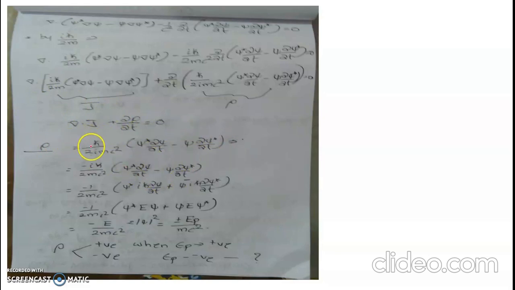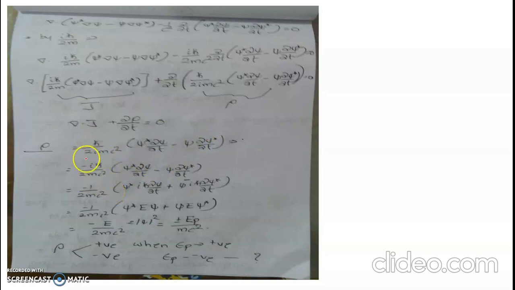Now we look into this. ρ equal to ħ by 2imc² into (ψ* ∂ψ/∂t minus ψ ∂ψ*/∂t). We have already evaluated ∂ψ/∂t and ∂ψ*/∂t for a free particle. We substitute it here.